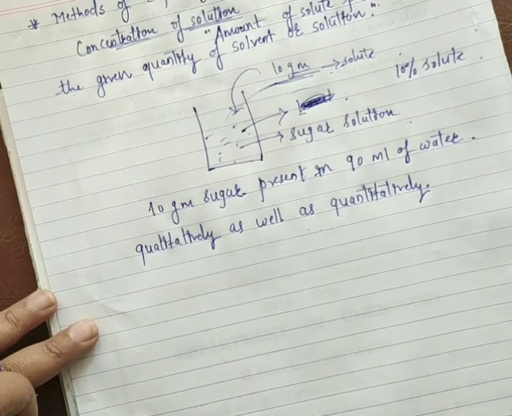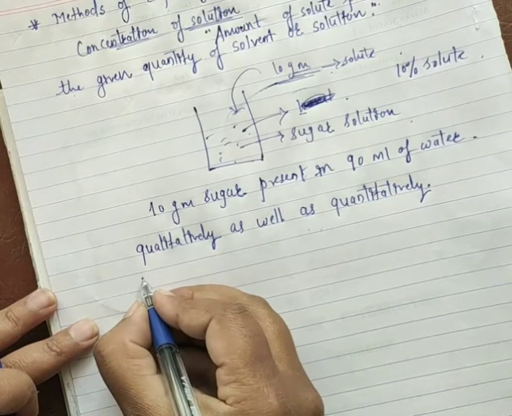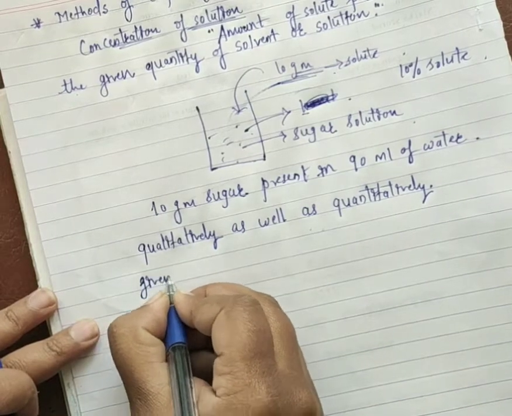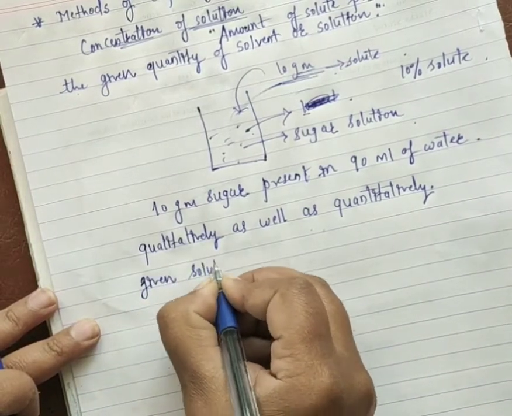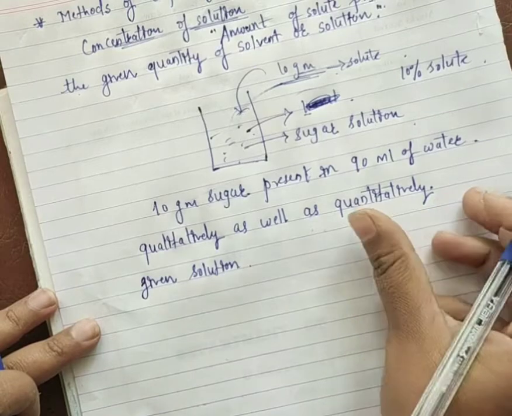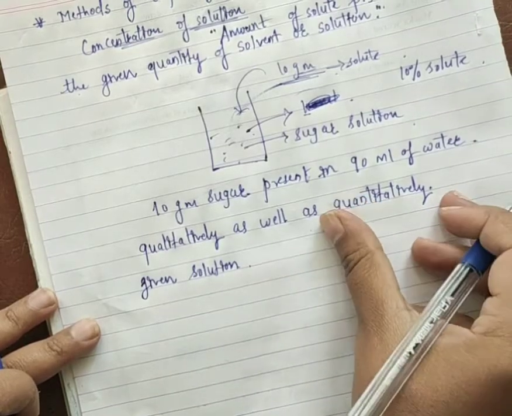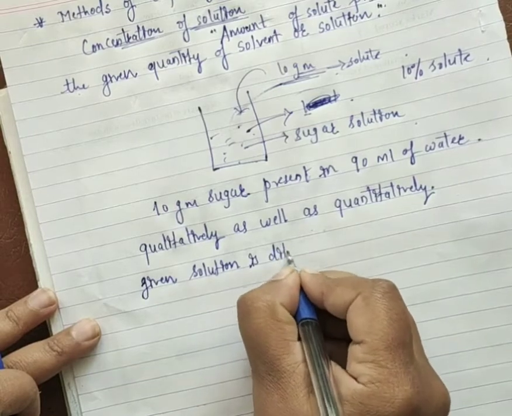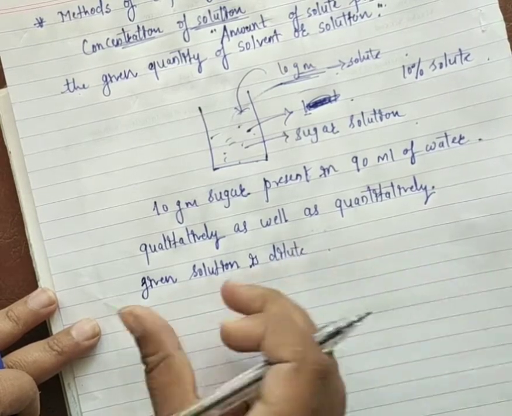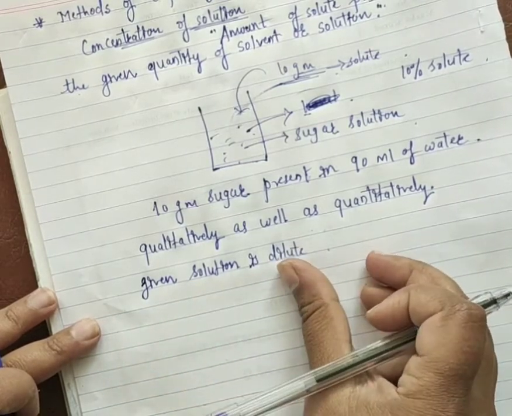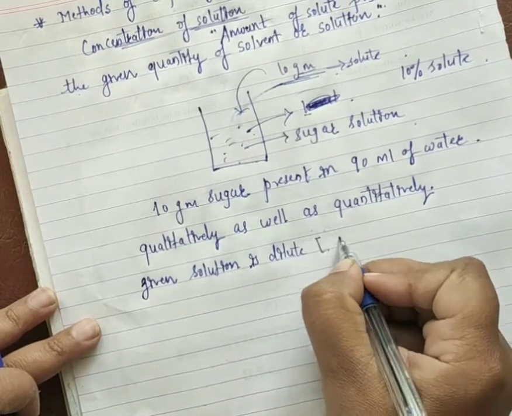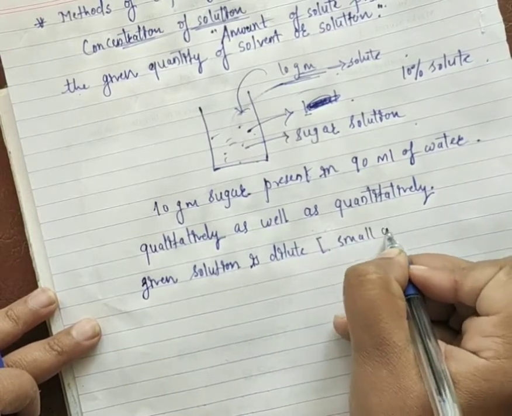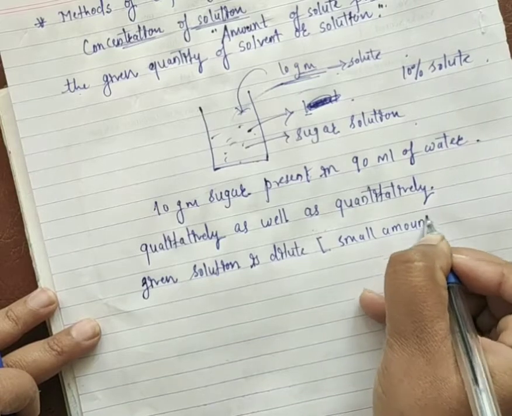Suppose I say a given solution is dilute. If the given solution is dilute, it means in that solution we have a small amount of solute.